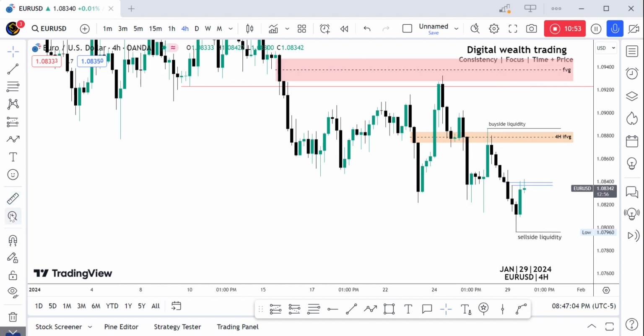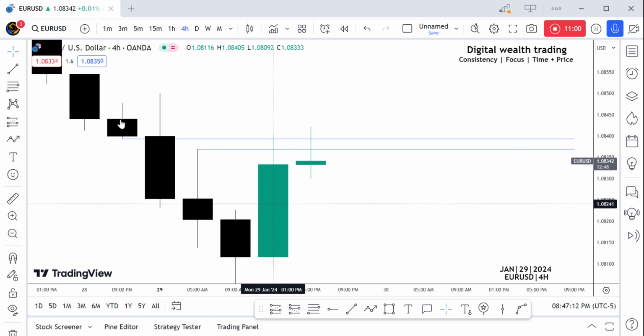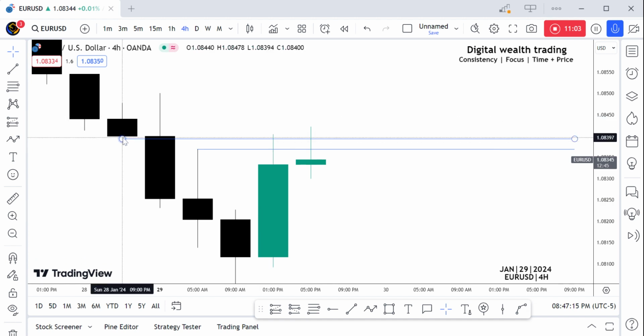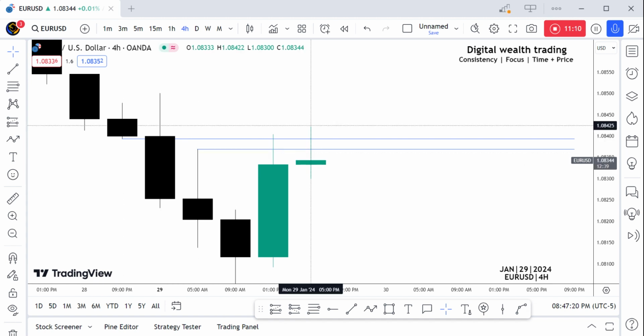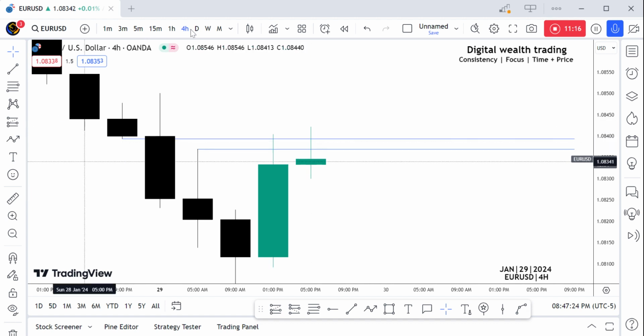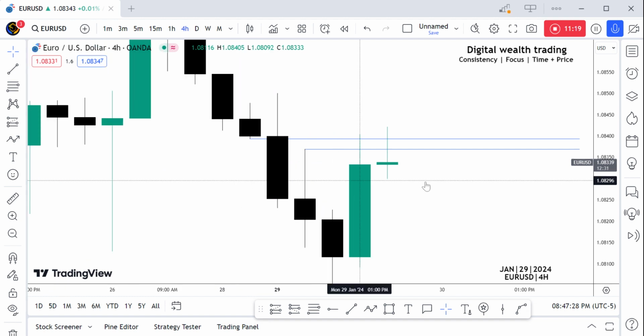Sorry, my laptop is kind of slow right now; I think I need to work on the RAM. This area, this high and this low, is a fair value gap, and you can see how the market, although we wick above it, is using that particular area right now.